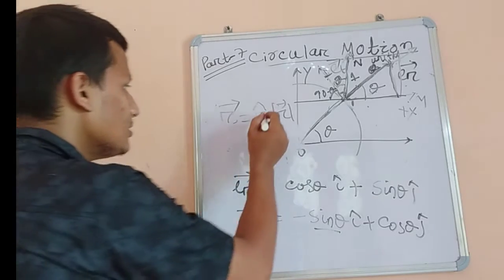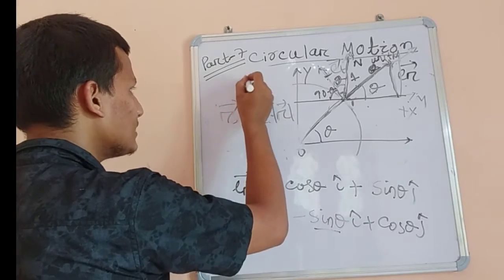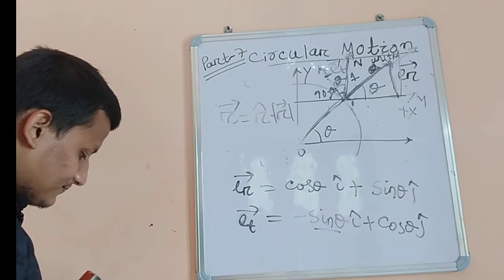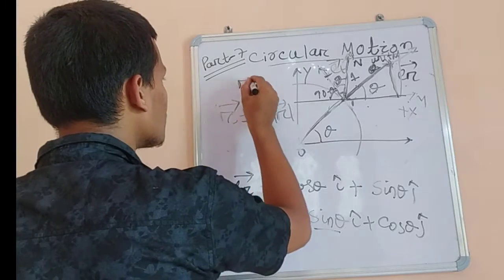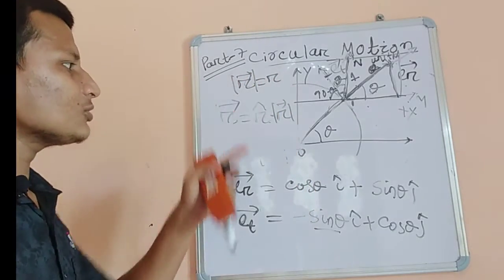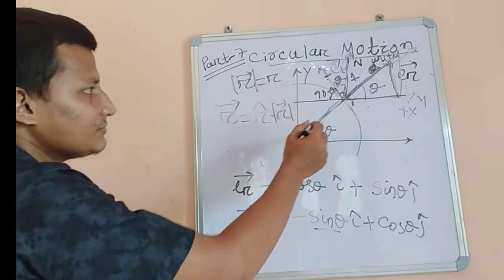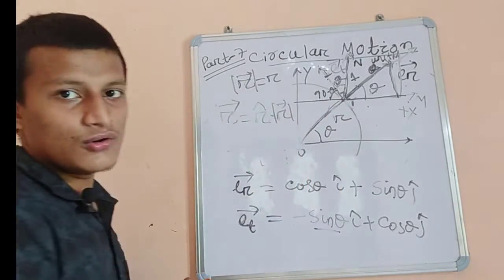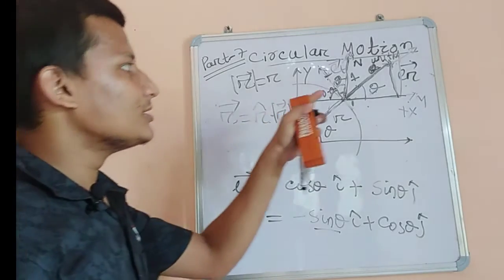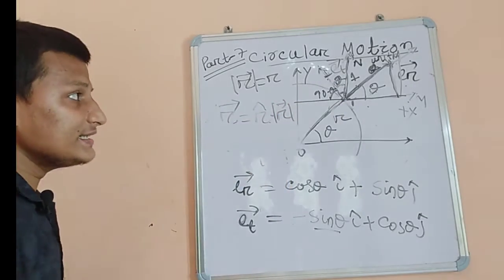So here, the r vector modulus can be written as r. We are assuming this is our radius, so the r vector modulus is r. So r cap is the unit vector along the radial direction, that is our ER vector.